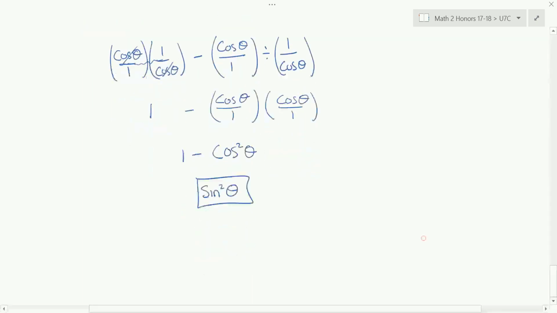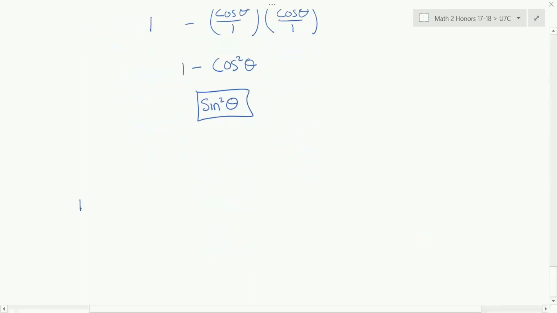Let's look at one last one. Let's do the secant theta plus 1 times the secant of theta minus 1.